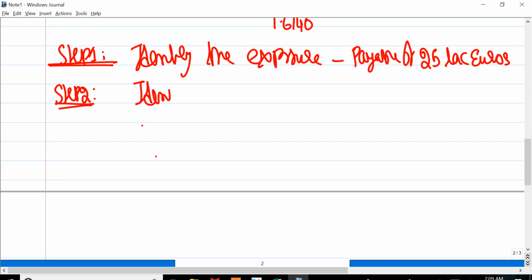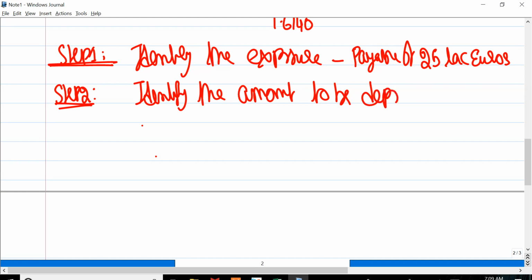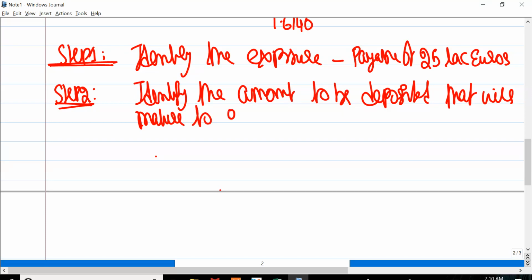Identify the amount to be deposited. Identify the amount to be deposited that will mature to 25 lakh euros. In how many months we have to pay this? 3 months.